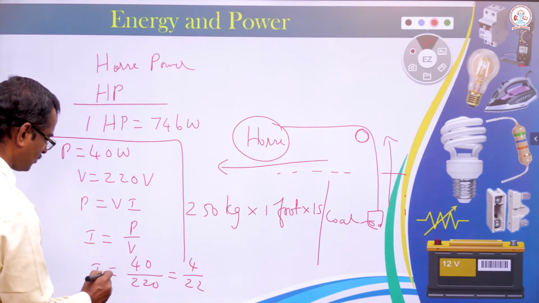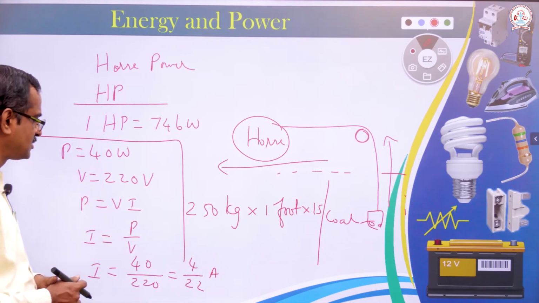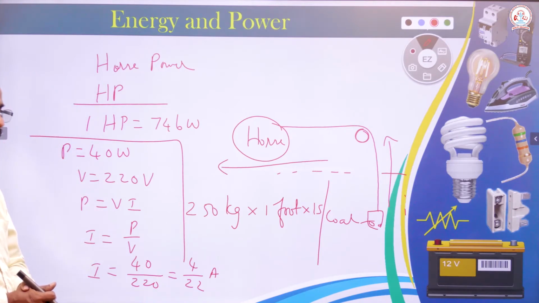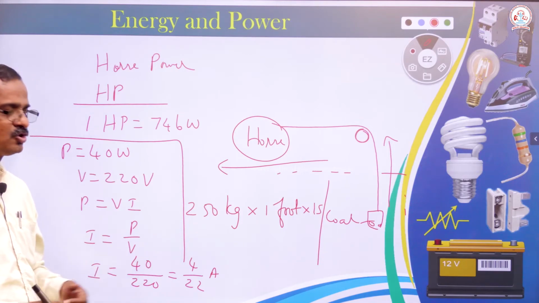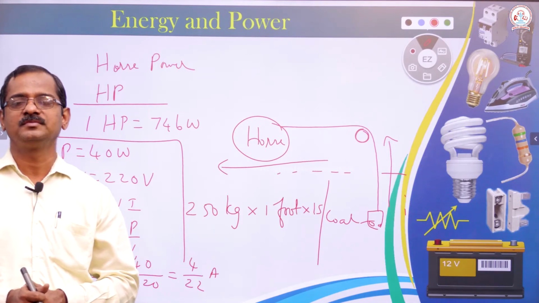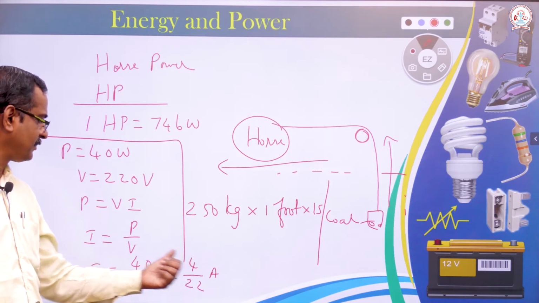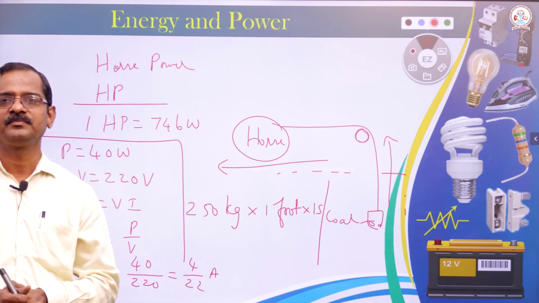Current I is equal to 4 by 22 ampere, which is less than 0.2 amperes of current drawn by the bulb.